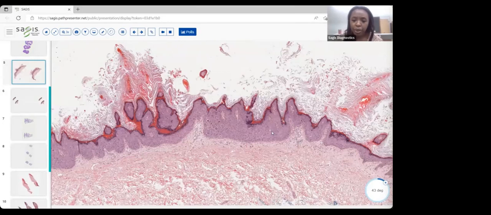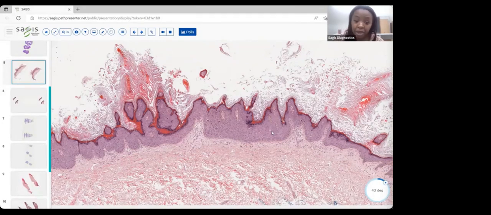So what else could look like Bowen's disease, but not actually be Bowen's disease? Bowenoid papulosis, right? Now, to make that diagnosis, we do want to go back to the clinician and investigate. Is this a solitary lesion, or are there multiple of them? Because to make that diagnosis of Bowenoid papulosis, we want to hear that there are multiple. If it's solitary, we're going to be calling this Bowen's disease.